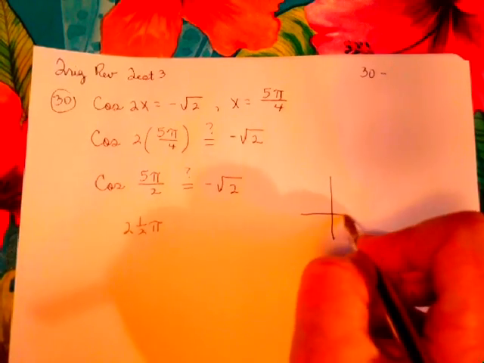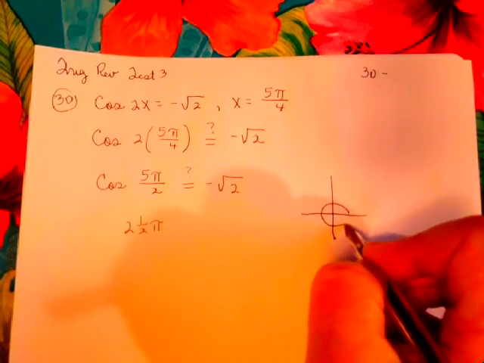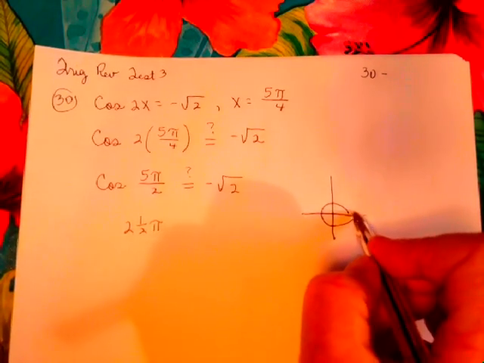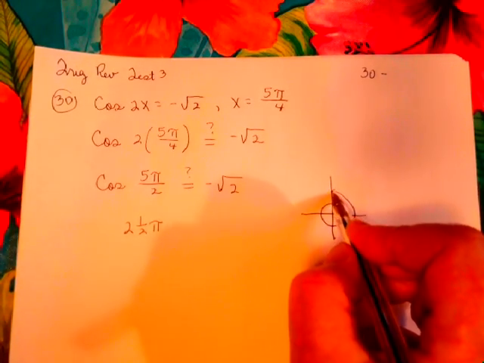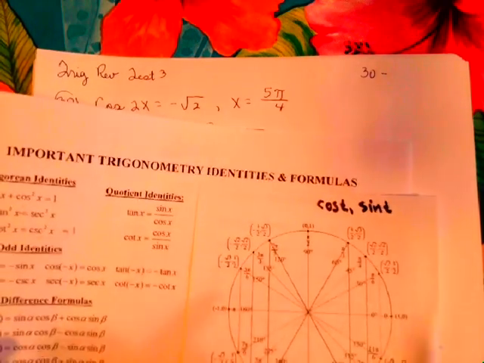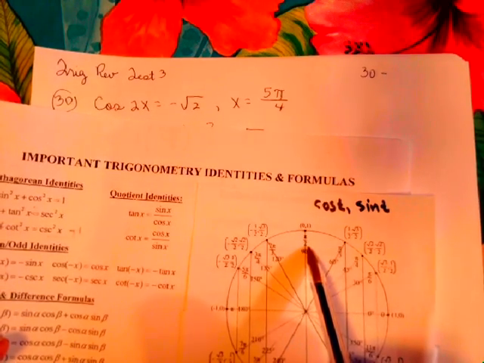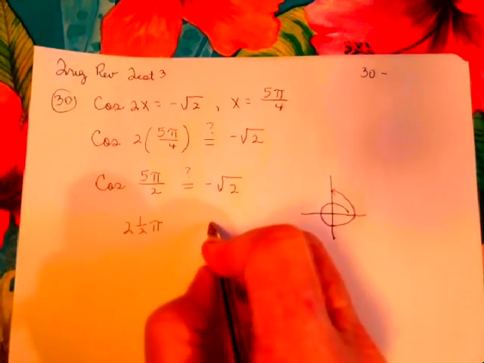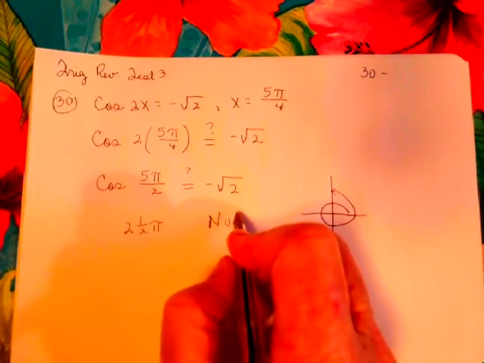When you go around the unit circle one time, you're here. Another pi over 2 puts you right here. Look at your unit circle. When you're at 90 degrees, is cosine square root of 2? No, it is not. Therefore, this answer is no.